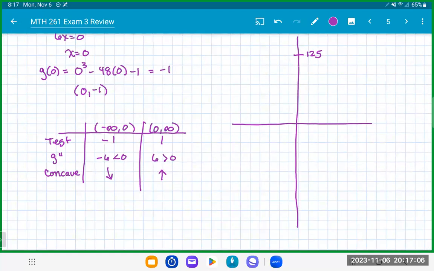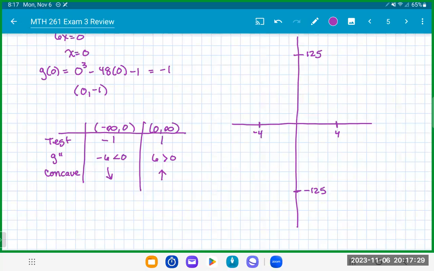And equally, that was how many? 1, 2, 3, 4, 5, 6, 7. So 1, 2, 3, 4, 5, 6. We'll make this -125. And then 1, 2, 3. We'll let this be 4. 1, 2, 3, -4.